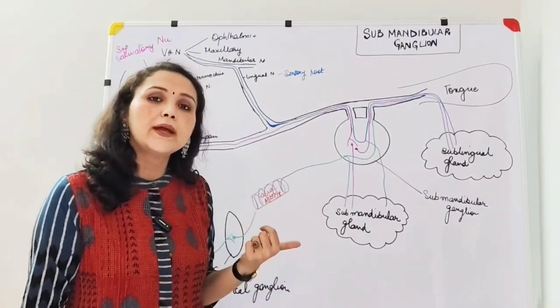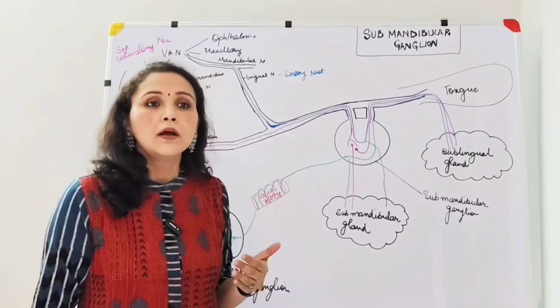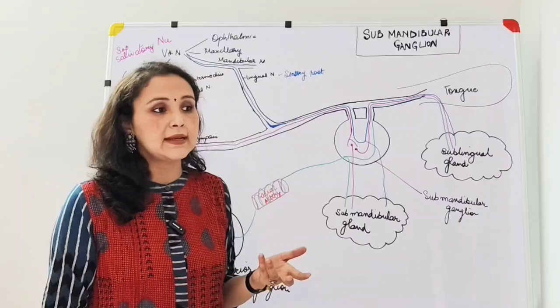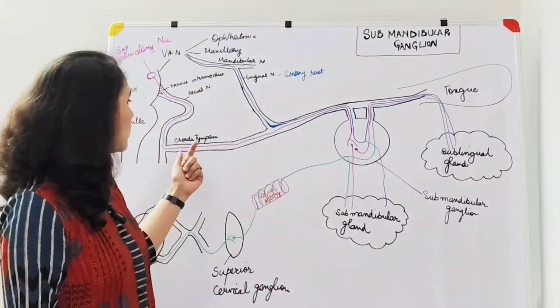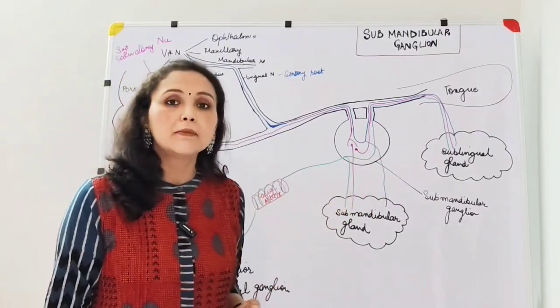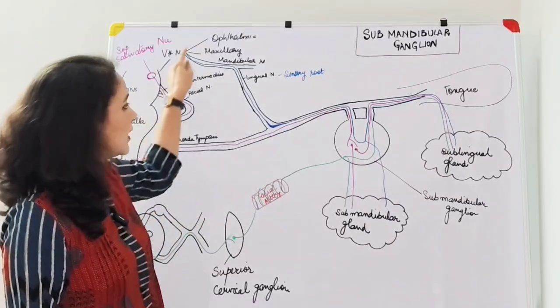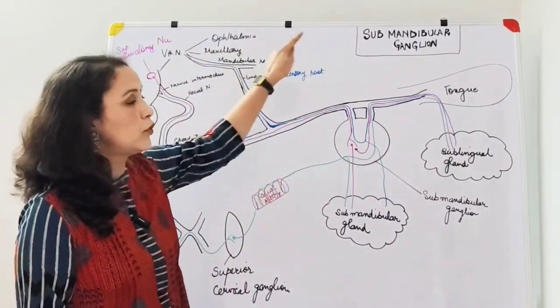Similarly, you get another type of questions, that is reasoning based questions, where you have to explain why. For example, it can be said that in case of facial nerve paralysis, or in case where the chorda tympani nerve is affected, there is dryness in the mouth. So again, what you have to do is explain this pathway, the parasympathetic secretomotor pathway.